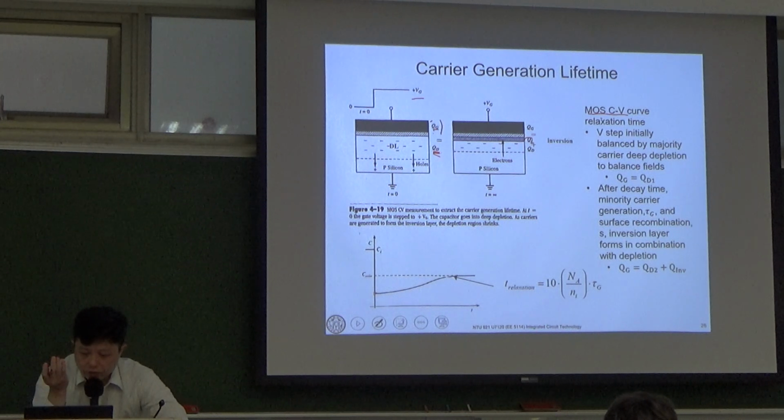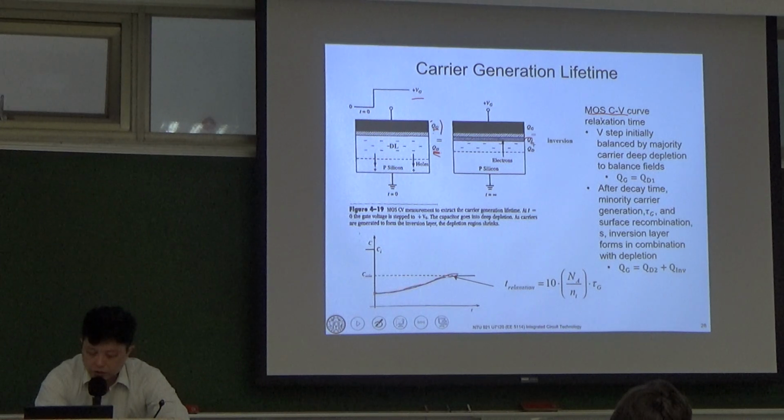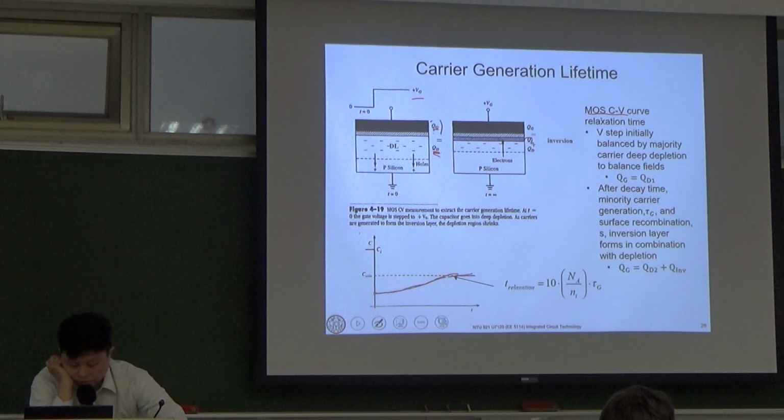Once you have electrons, the minority carriers, you generate this minority carrier with a certain generation time, together with your surface recombination velocity. So we can form this inversion layer. Once you form this inversion layer, the capacitance will change and become this minimum.